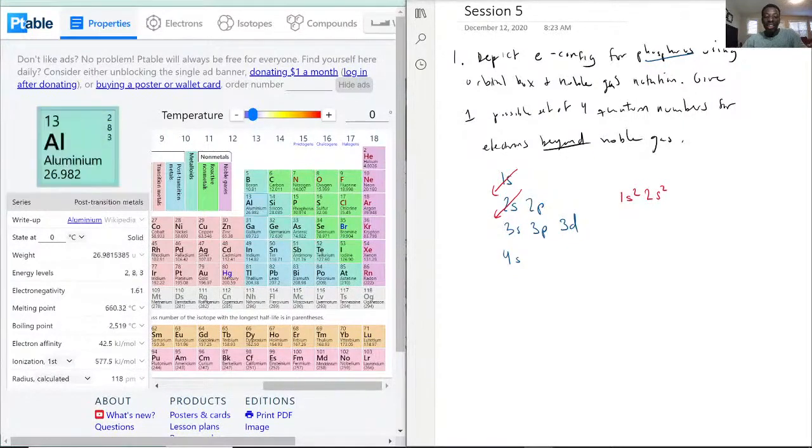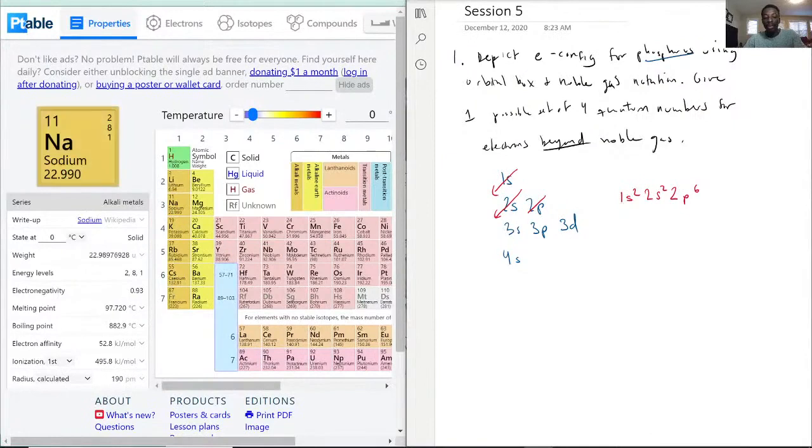Okay, these starting here from column 13 through 18, excluding helium, that's your p orbital. Okay, so because it's a second row, we have 2p1, 2p2, 2p3, 2p4, 2p5, 2p6. So we've cleared that row.